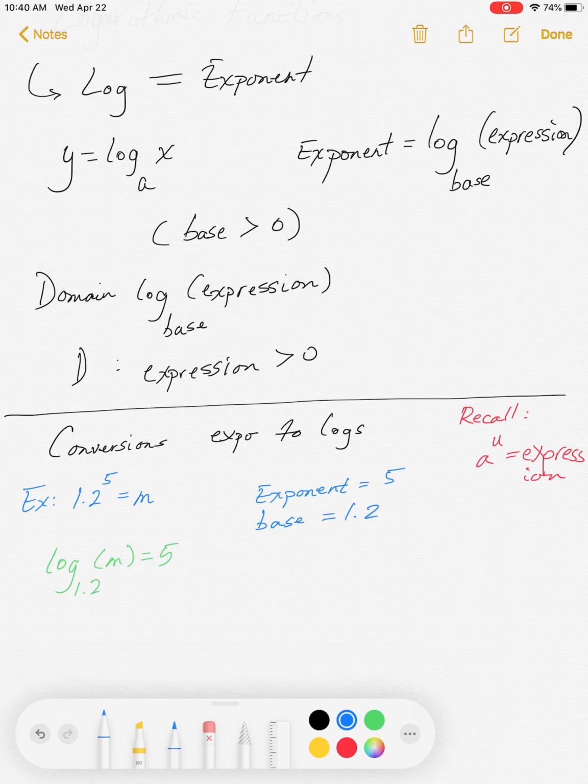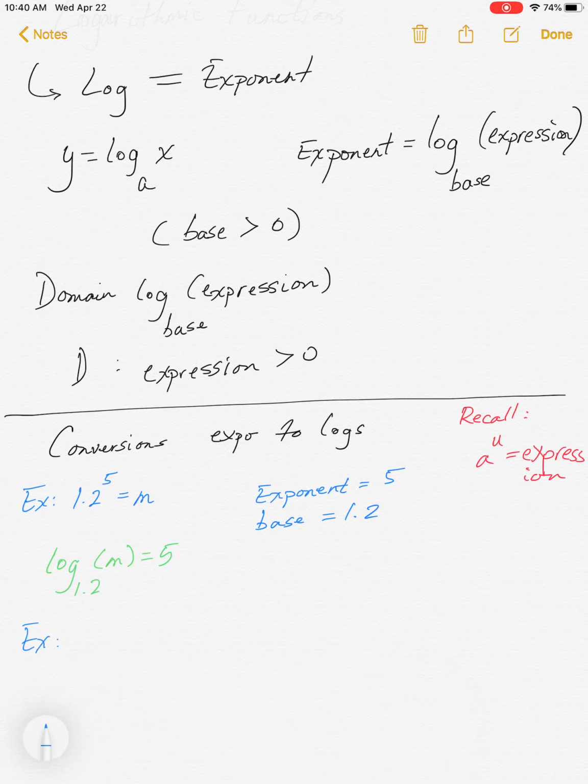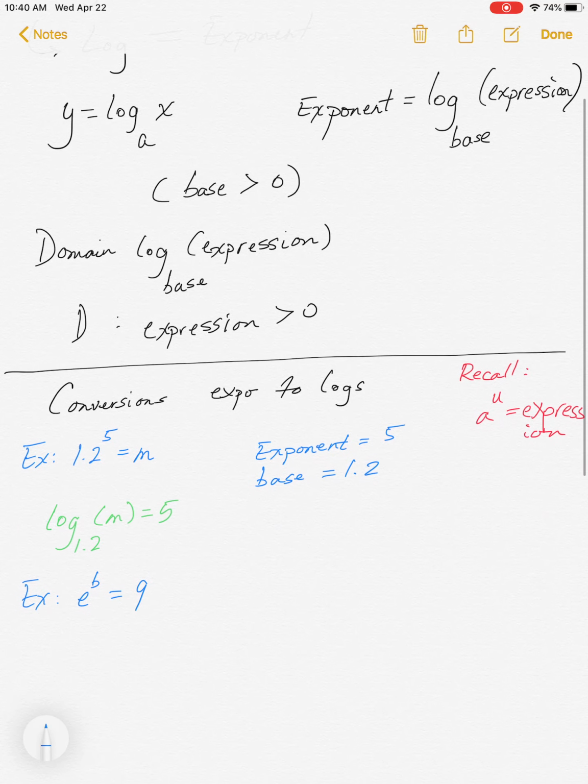Now let's do another example. Let's say we have e to the b equals 9. Identify what the exponent is. The exponent is b. Identify the base.